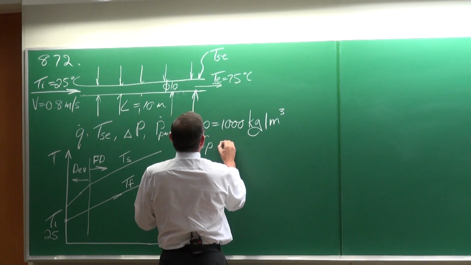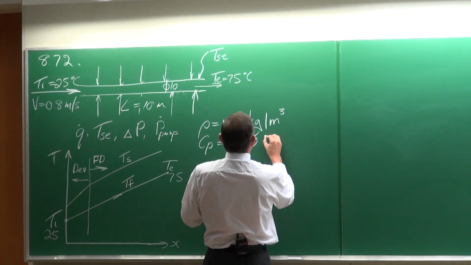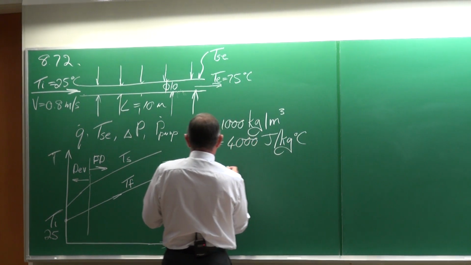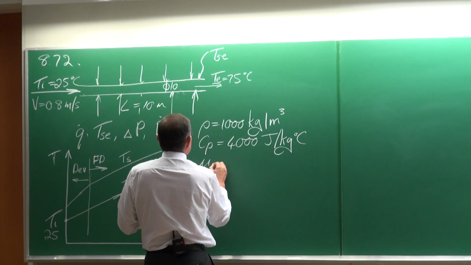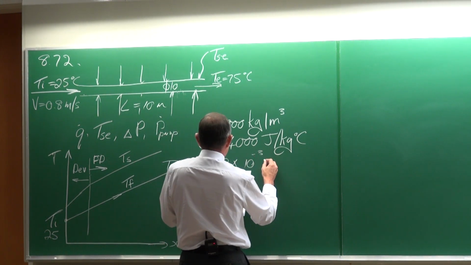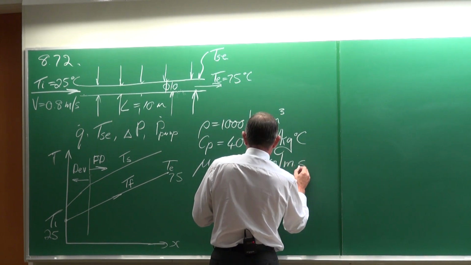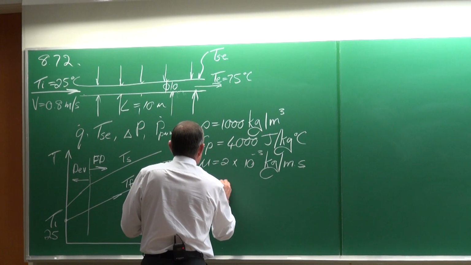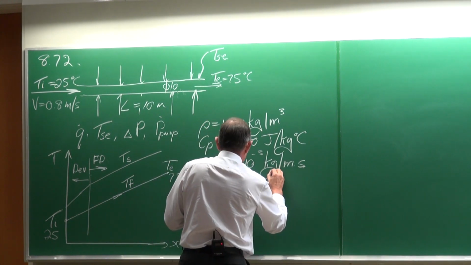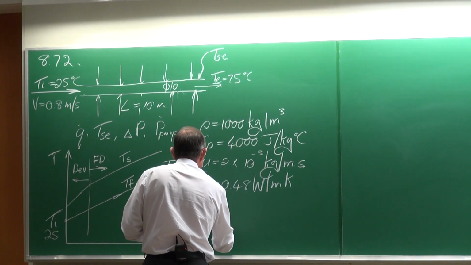The Cp is 4,000 joules per kilogram degree Celsius. The viscosity is equal to 2 multiplied by 10 to the minus 3 kilograms per meter second. Thermal conductivity K is equal to 0.48 watts per meter Kelvin, and the Prandtl number is 10.